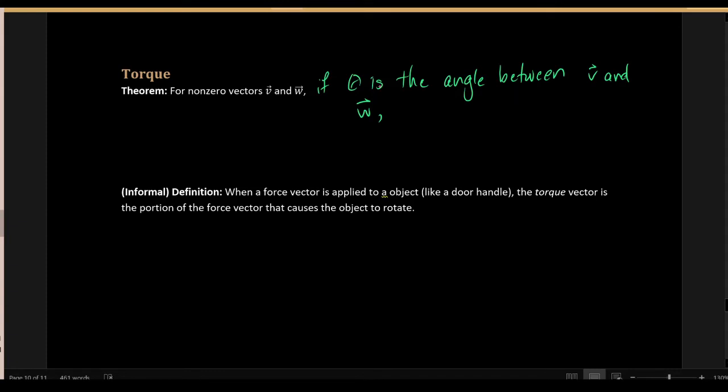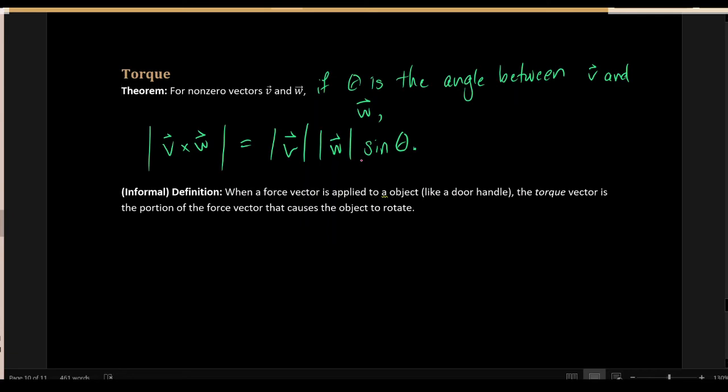If you look at V cross W, and you take the magnitude of that vector, the number that is equal to the magnitude of V cross W is exactly equal to the magnitude of the first vector times the magnitude of the second vector times sine of the angle between them.